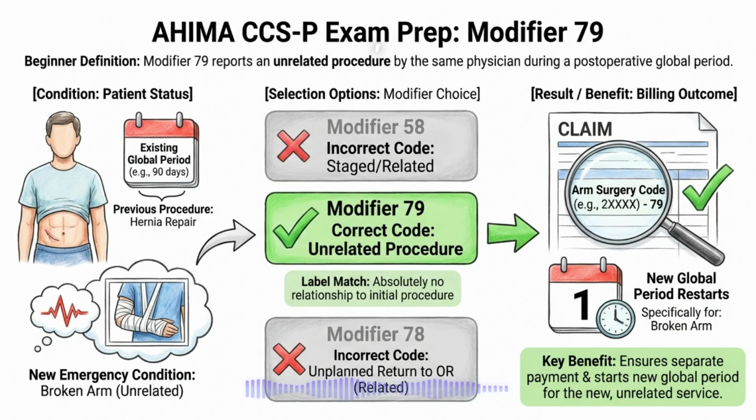The surgeon would bill the arm surgery with Modifier 79 to tell the payer that this new procedure has absolutely no relationship to the healing hernia. Using Modifier 79 successfully restarts a brand new global period specifically for the broken arm.